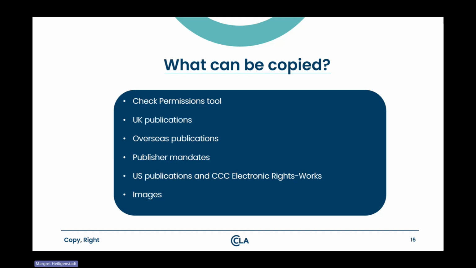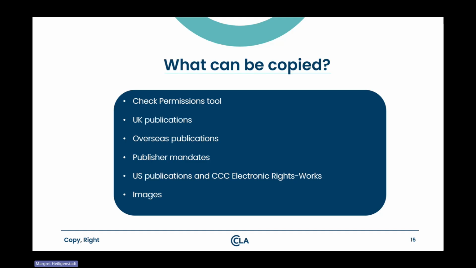And it will tell you whether you can photocopy and scan or either or. There are some gaps, where titles aren't found, and in that case, you get some information on how you can work it out yourself, or you just might want to get in touch with us and ask, which is also fine.